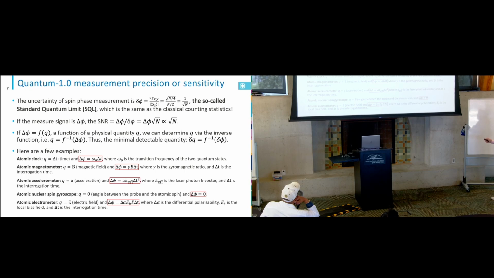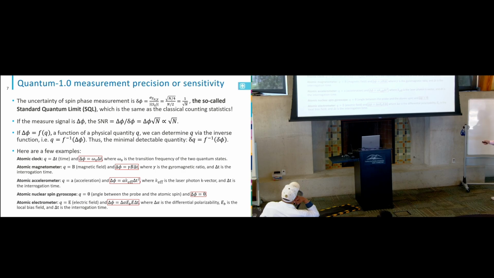And again, the phase is affected by whatever physical quantity we are interested in. You can say, okay, this phase is a function of Q, and Q is the physical quantity of our interest. Once we're able to measure the phase, we just do the inverse function and calculate what Q is. So it's pretty straightforward in terms of measurement.